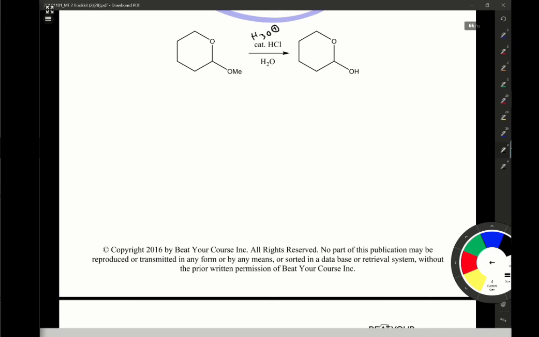Okay, so I'm just going to start jumping into this. So we've got our hydronium hanging around. And in the end, we need to turn this into this. Good way to do that is to make sure that this methoxide leaves somehow.